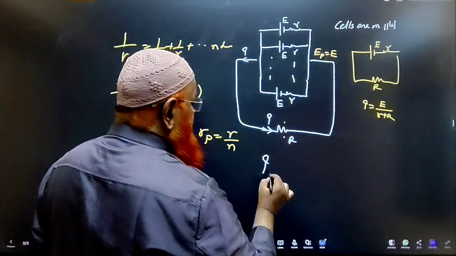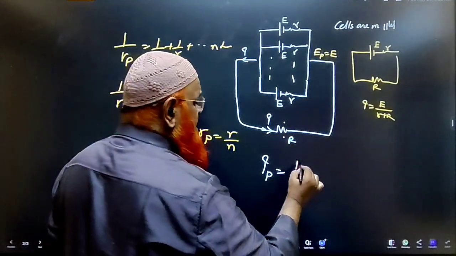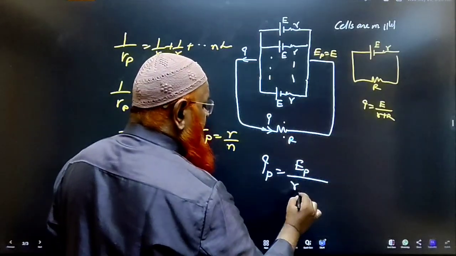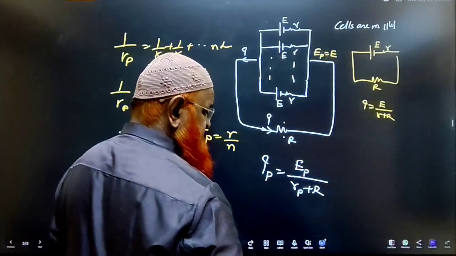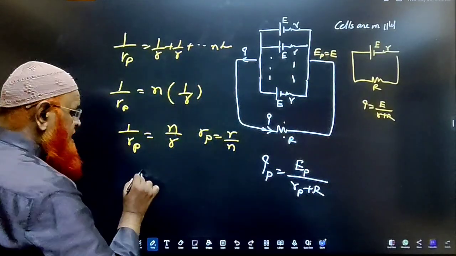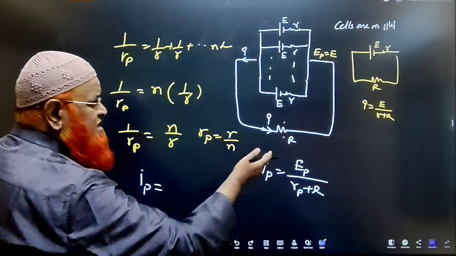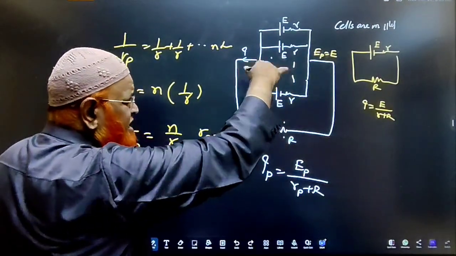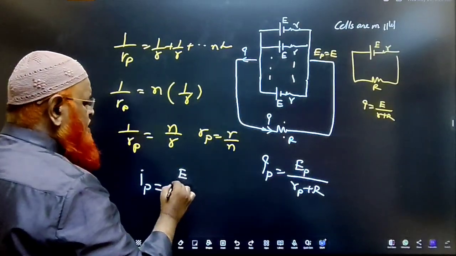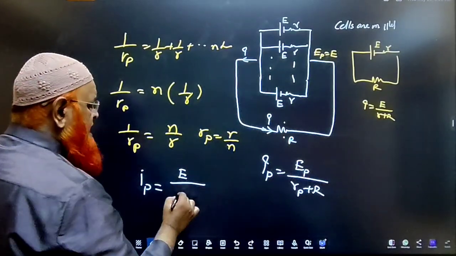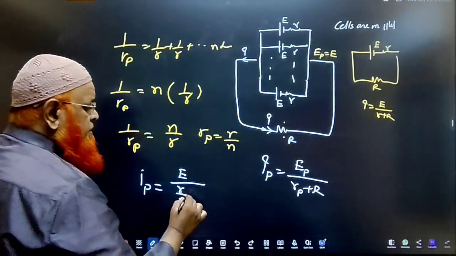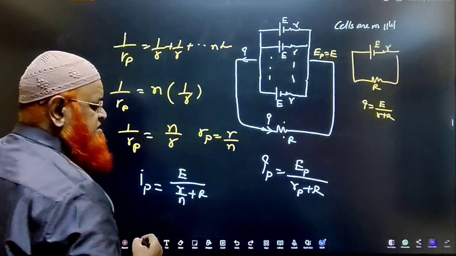Like I in the case of parallel connection is nothing but E parallel by R parallel plus external resistance. So I parallel is going to be E parallel by R parallel plus capital R. E parallel is just 1 E you will consider, because all are in parallel. R parallel is R by N plus capital R, which is connected in series.